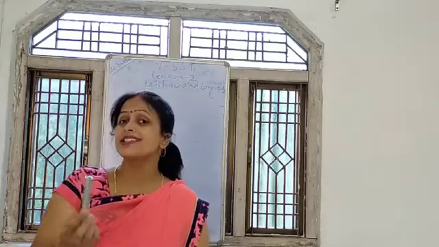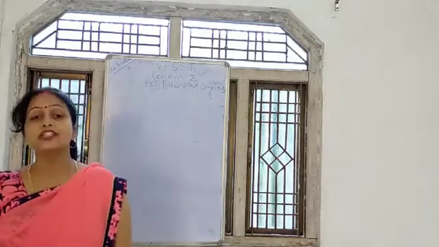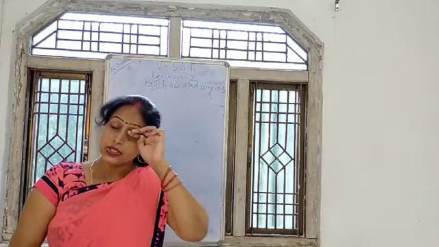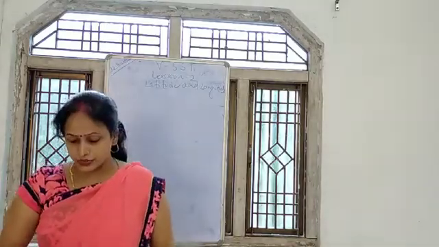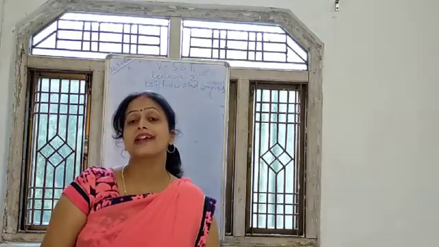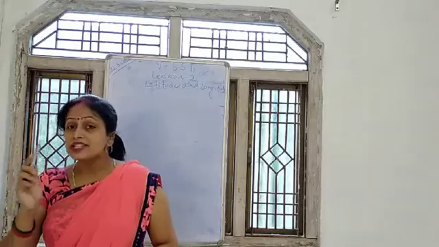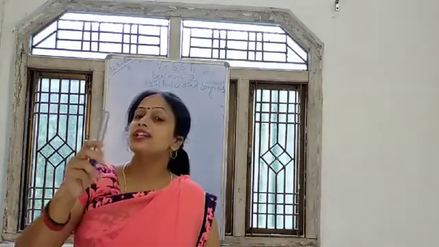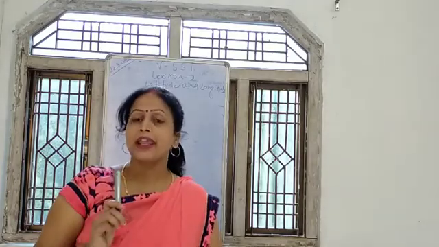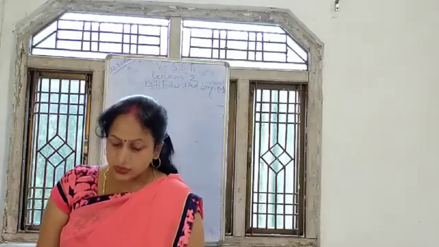That is known as what? Axis. It is an imaginary line passing through the center of the Earth, and the Earth rotates on it from west to east. That is called the axis.